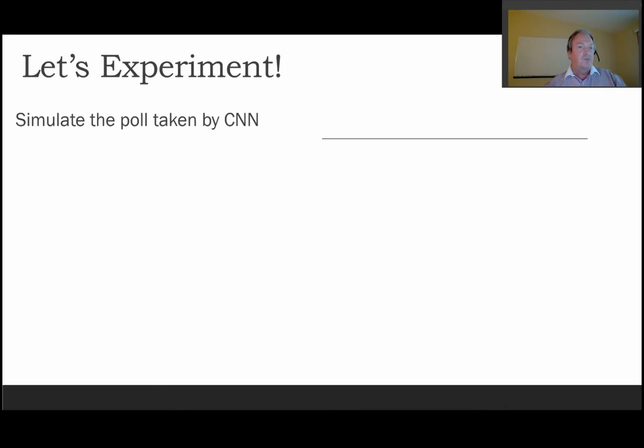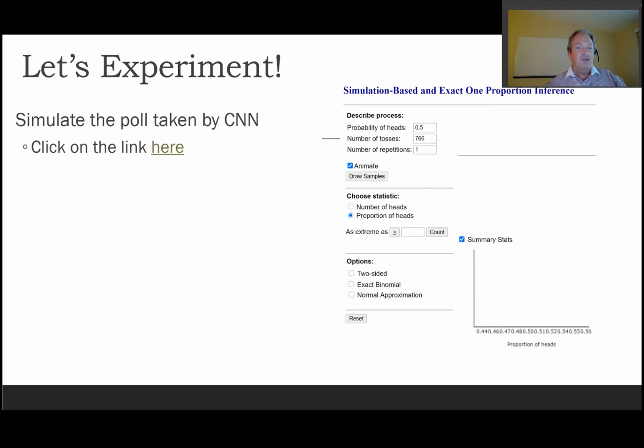First, we're doing a simulation, so you have to tell the computer certain values for the input. Notice that it says probability of heads. What we're doing is modeling the outcome of each voter by flipping a coin. If the probability that a randomly chosen voter was going to vote for Trump was really 50%, it's the same as the probability that a fair coin flipped is going to be 50%.